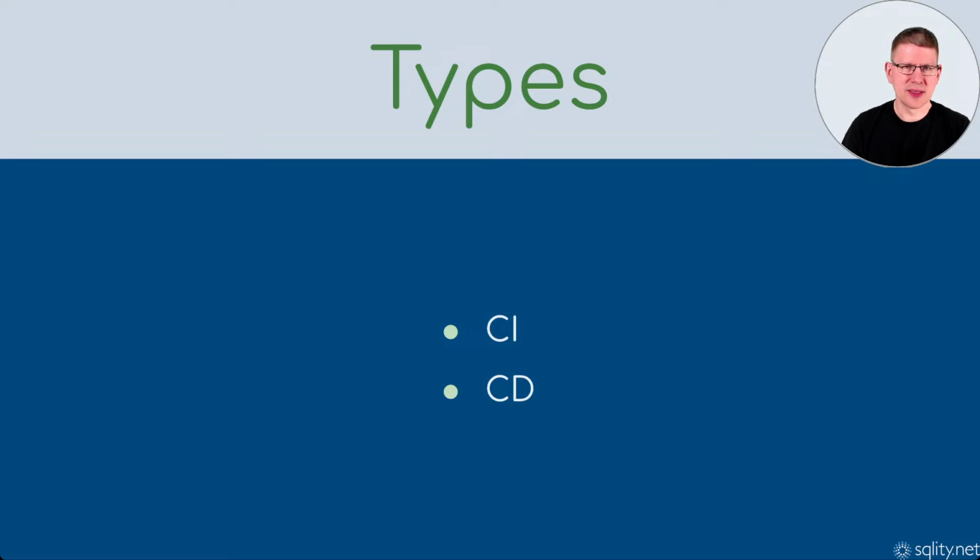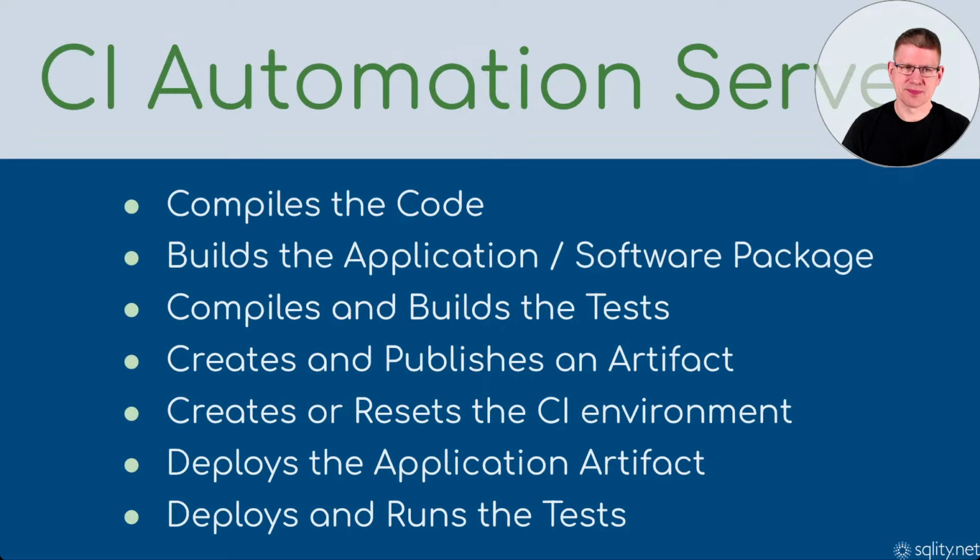And while both types of automation servers can do both tasks, the products out there tend to focus on one or the other and will be better at executing that one or the other. So let's start out by looking at the different implementations of CI servers.